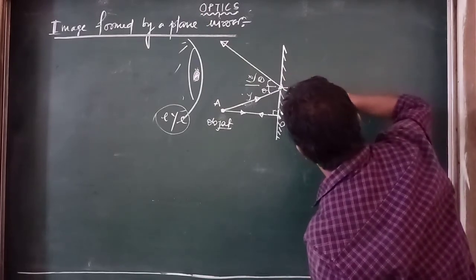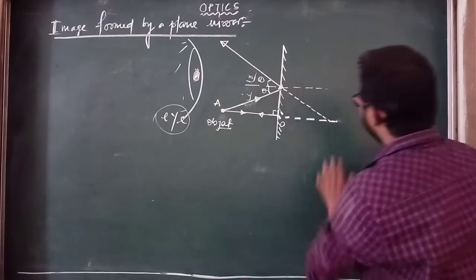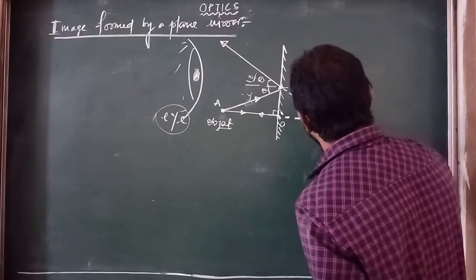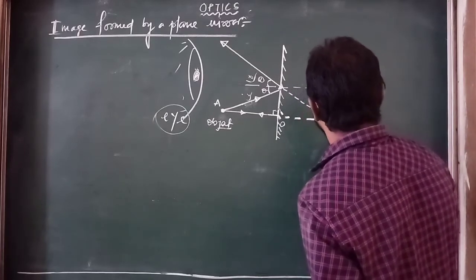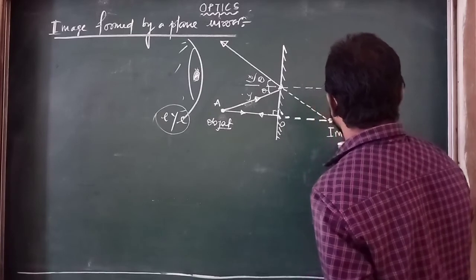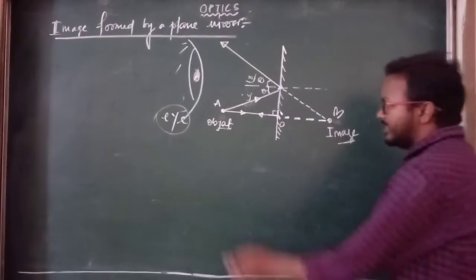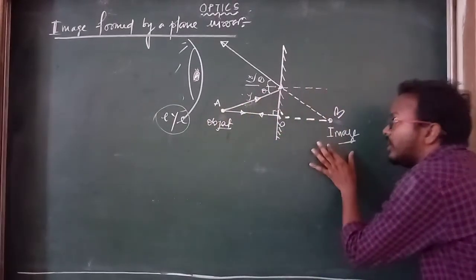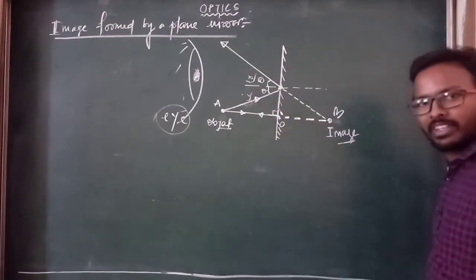If you produce it backward behind the mirror, the produced rays meet at a point, and that point is known as the image, and suppose this point is B. That means this is an object and its image is behind the plane mirror.